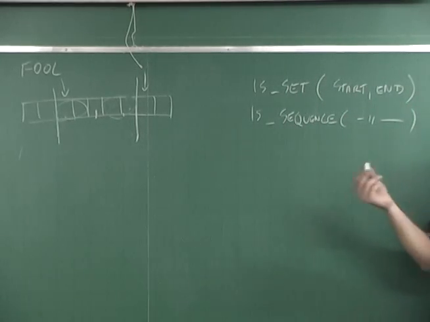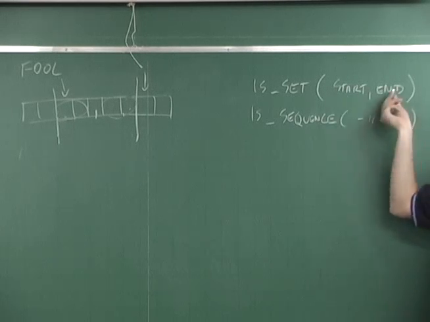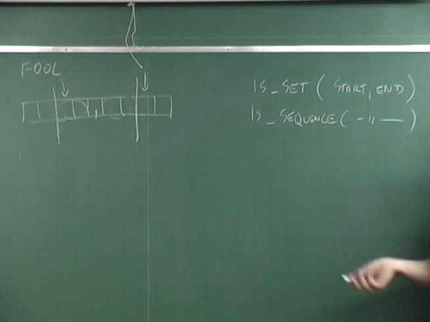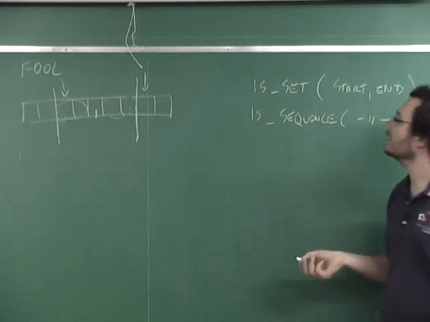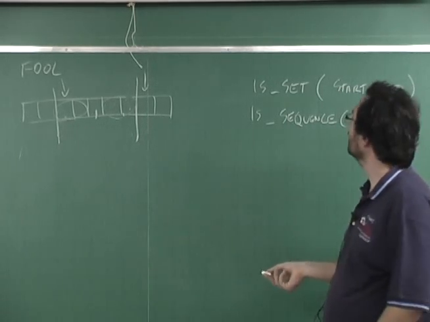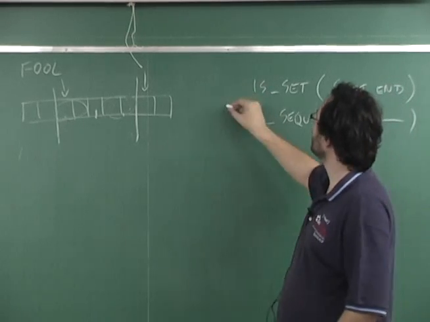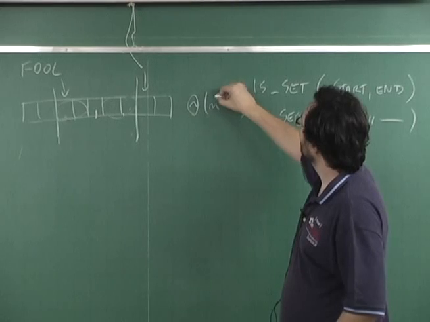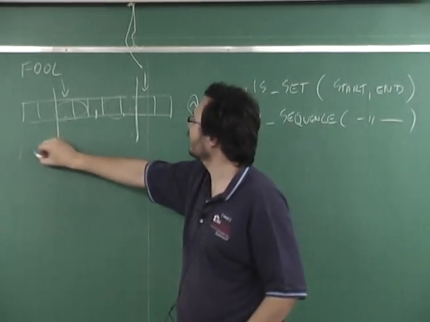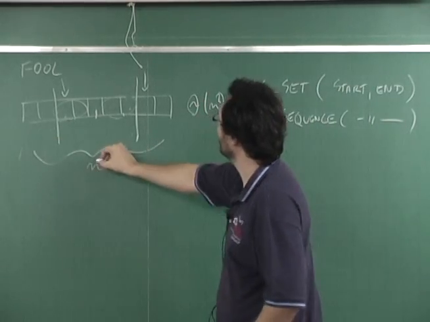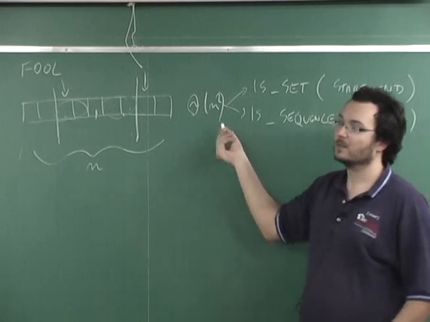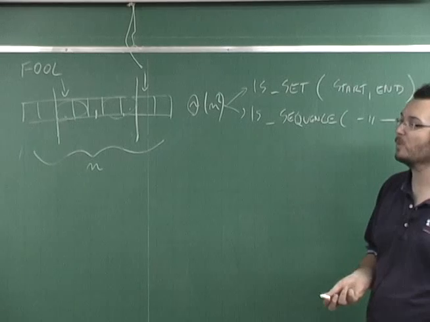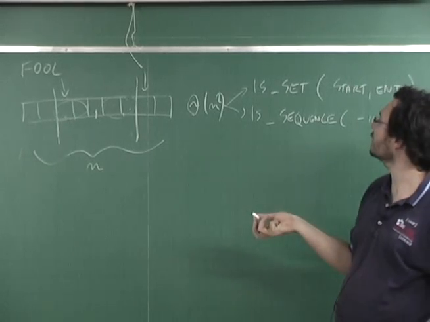And if we now add memoization, so for each combination of start and end, we will only evaluate this function once, then the time complexity will be polynomial. The number of subproblems, the number of calls for each of these functions, is quadratic in the length of the string. So if this is n, there are n squared substrings and n squared subproblems if we have to solve each of them in the worst case.